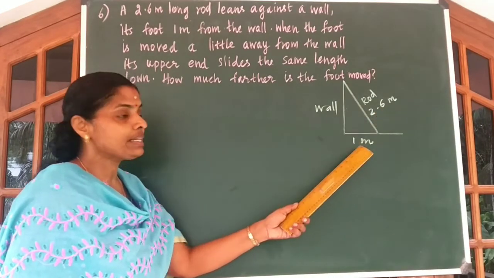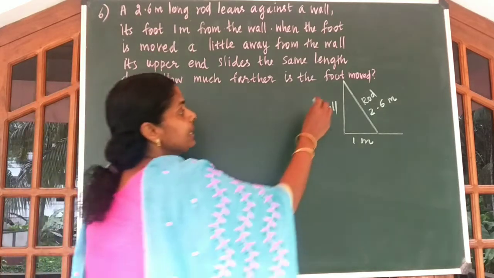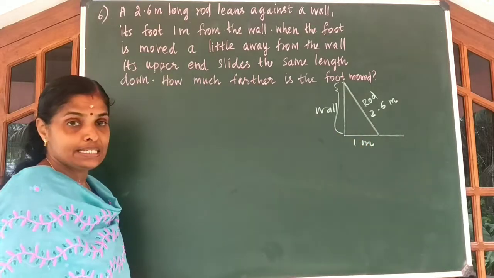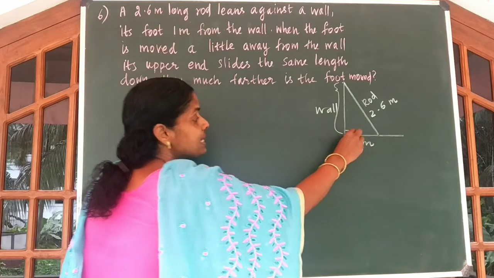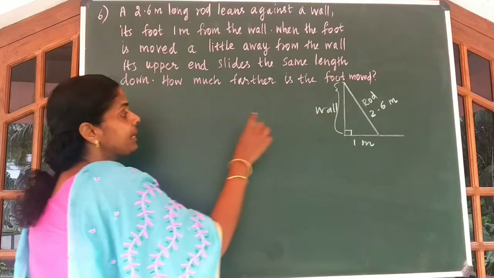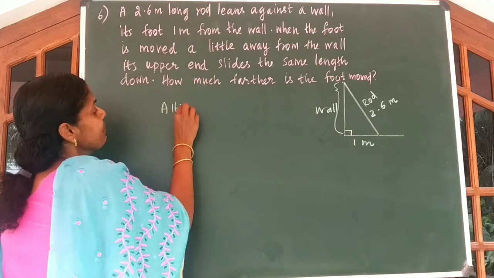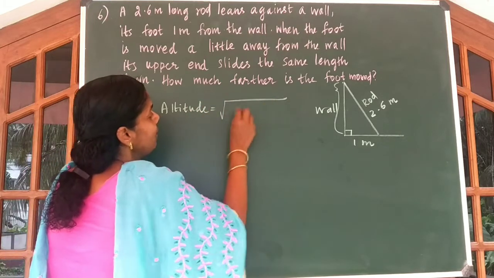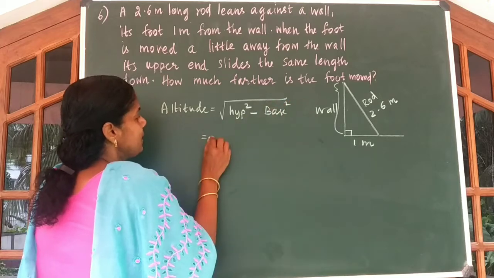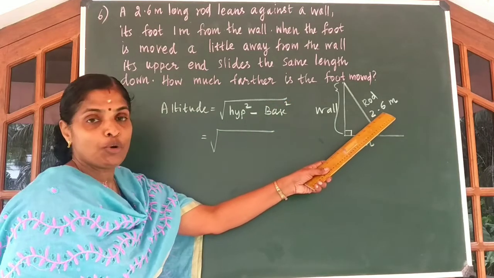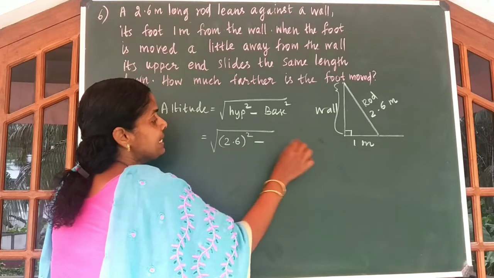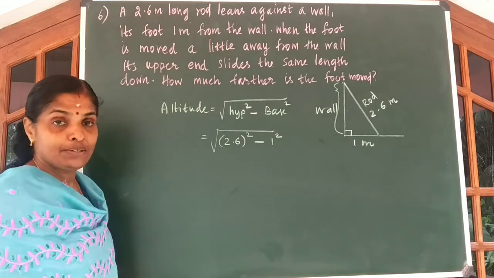Using this 2.6 and 1, we can find out the distance of the rod from the ground. So we can find this distance using Pythagoras theorem. We know in all right-angled triangles, altitude can be found out by using altitude is equal to root of hypotenuse square minus base square. So here you get hypotenuse is 2.6. So we get 2.6 the whole square minus base is 1, so we get 1 square.